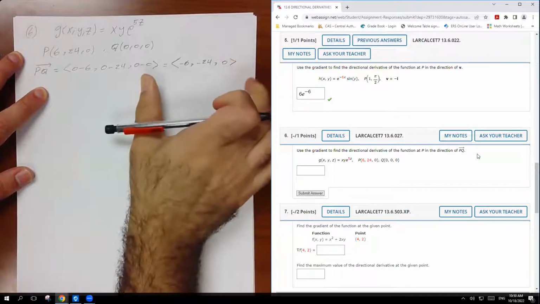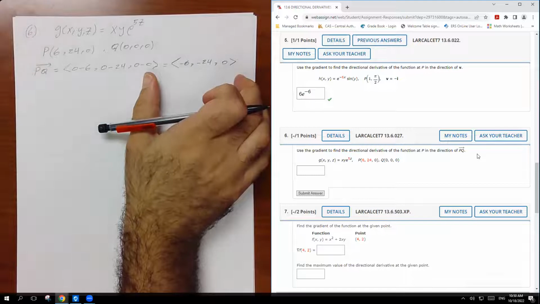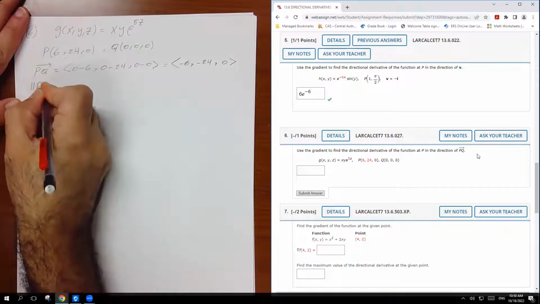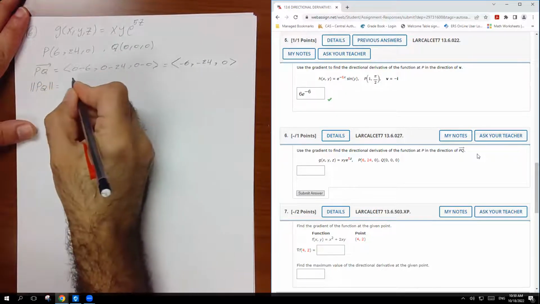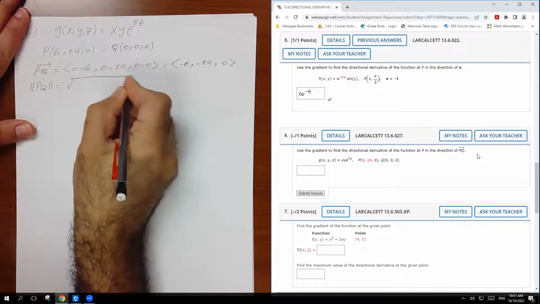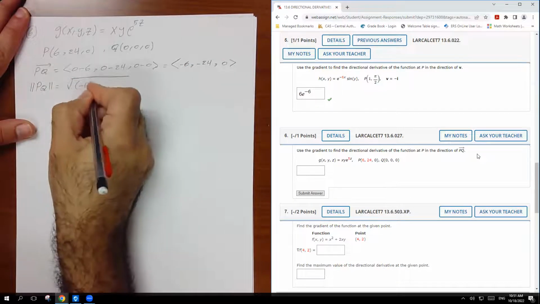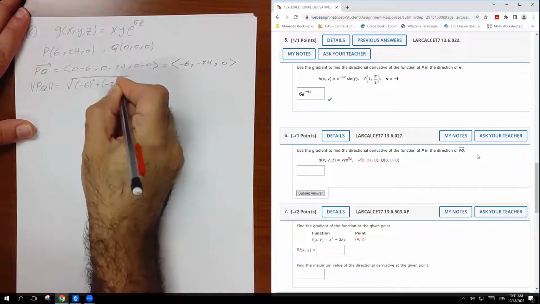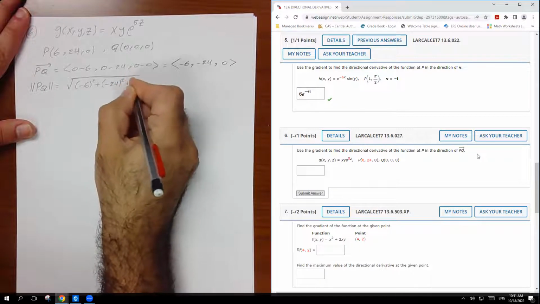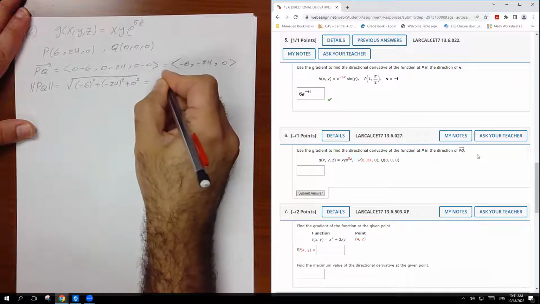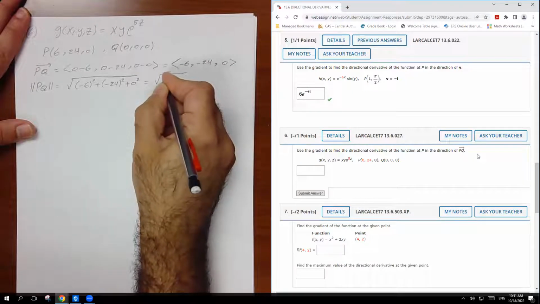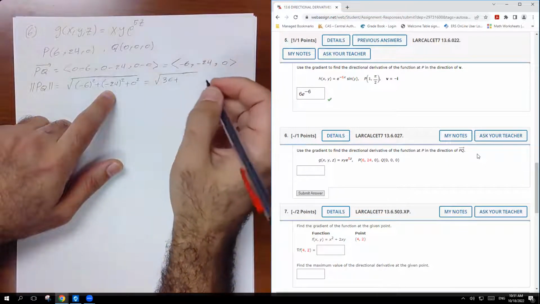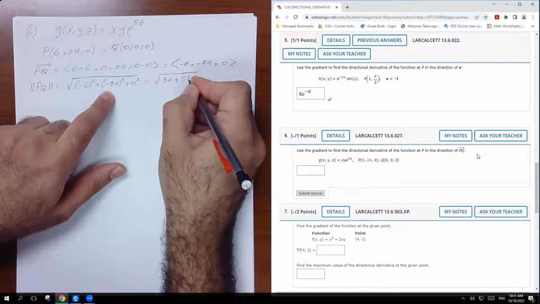This is not a unit vector, but we have to check. The length of PQ is the square root of (-6) squared plus (-24) squared plus 0 squared, which is 36 plus 576, because we found it before.